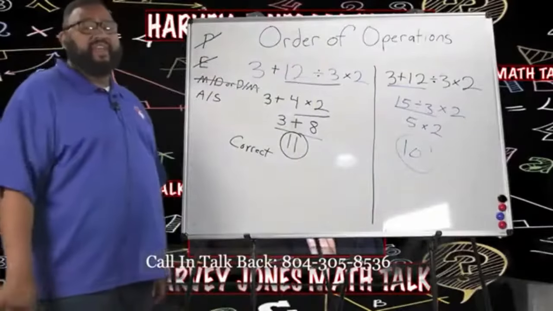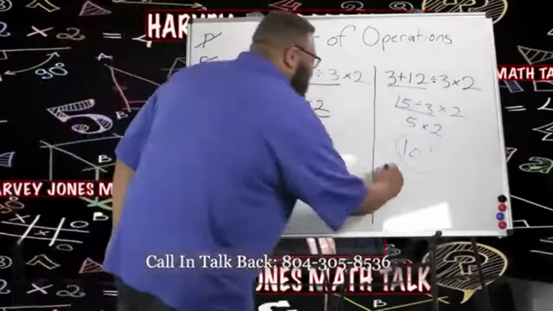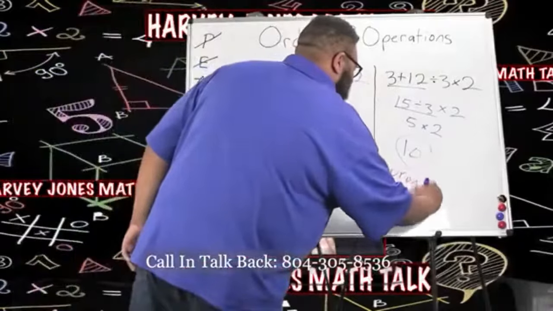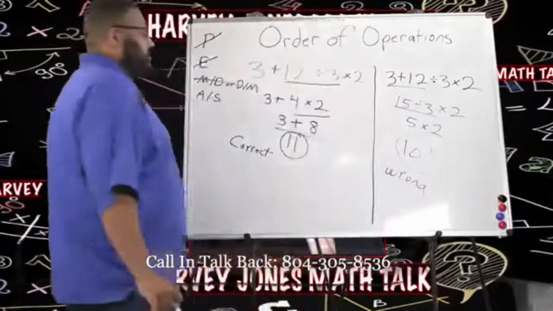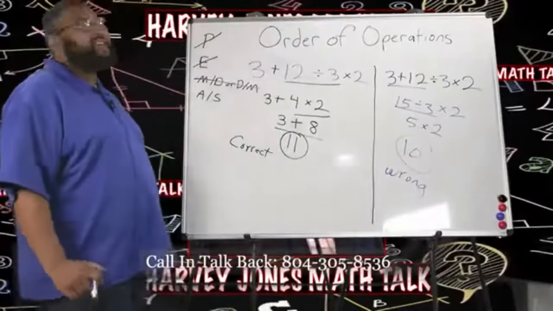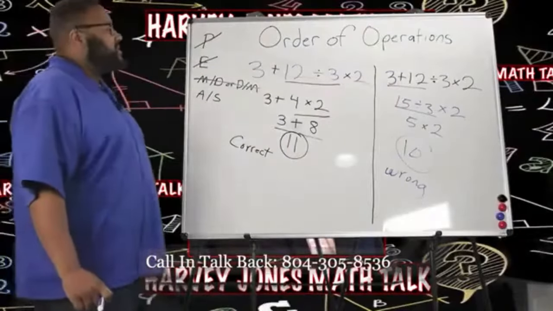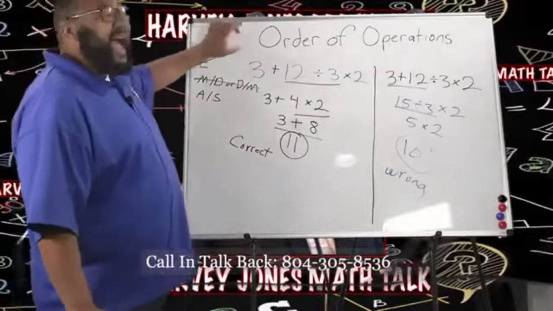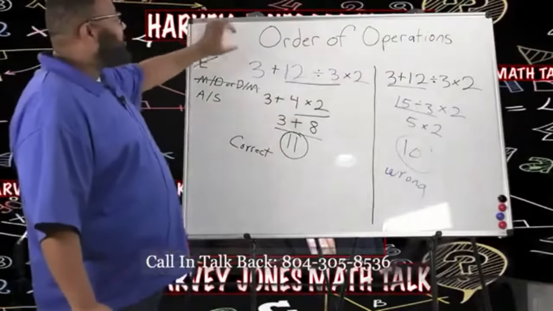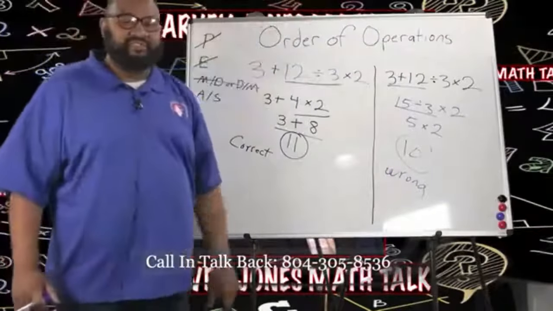Hey, I'm happy that you got an answer. But guess what? You got the wrong answer. But it's close. No. It doesn't matter if it's close. You have to follow the order of operations.